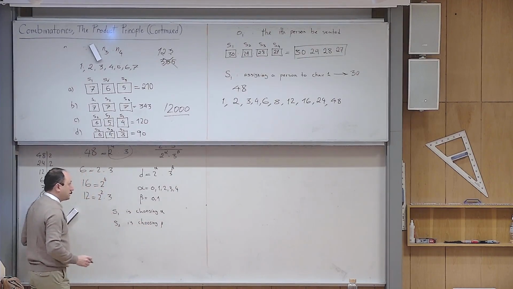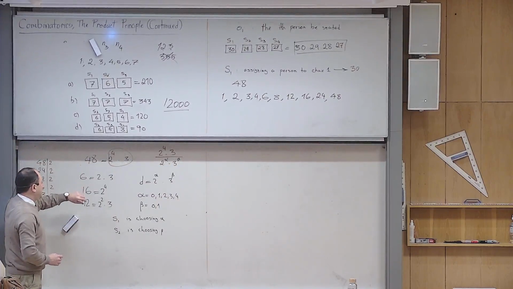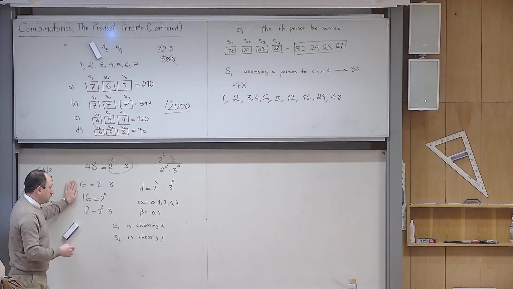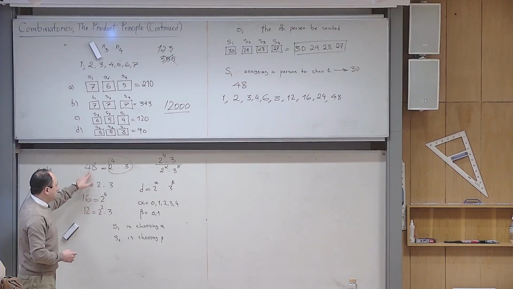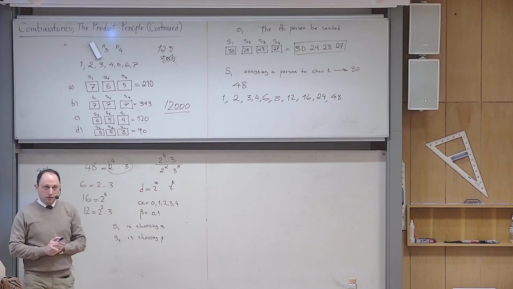So it was not clear that it is related to the product principle, but if you think in this way, you realize that in order to write a divisor, you are facing two choices: one choice for alpha, one choice for beta.